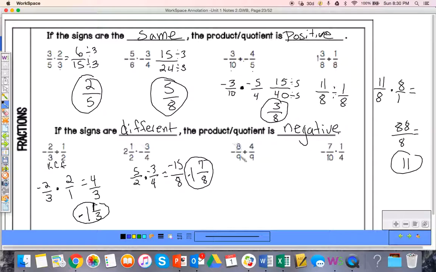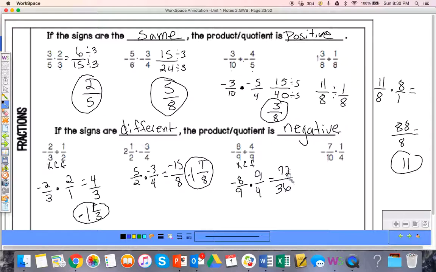So here we are going to keep, change, flip. So we have negative 8/9 times 9/4. So negative 8 times 9 is 72. 9 times 4 is 36.